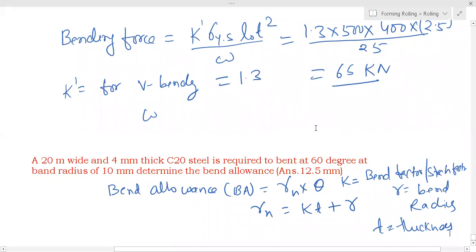So 12.56, 12.56. Sir, what is the value of K?